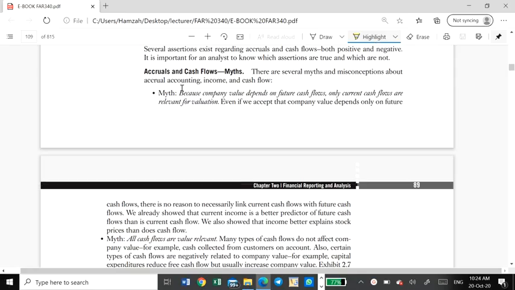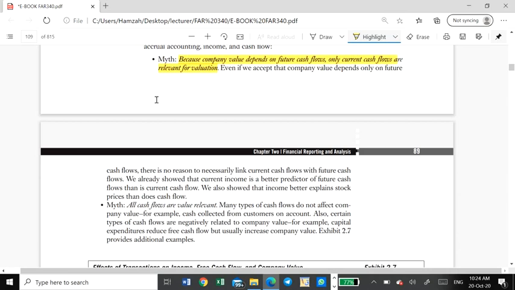So mitos yang pertama ialah because company value depends on future cash flow, only current cash flow are relevant for valuation. So even if we accept that company value depends only on future cash flow, there's no reason to necessarily link current cash flow with future cash flow.